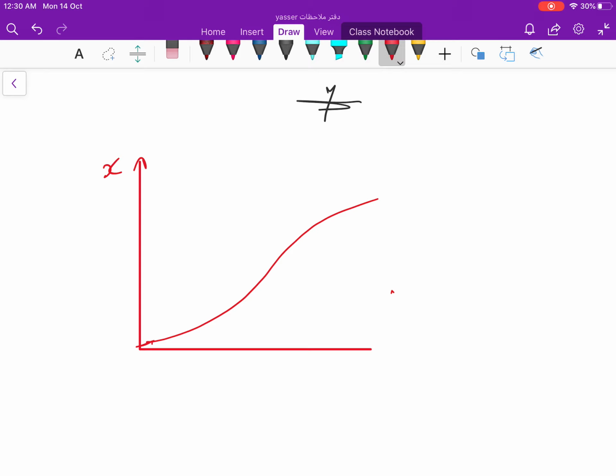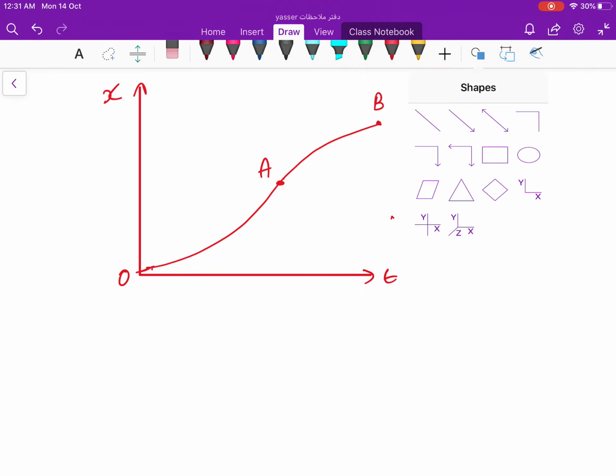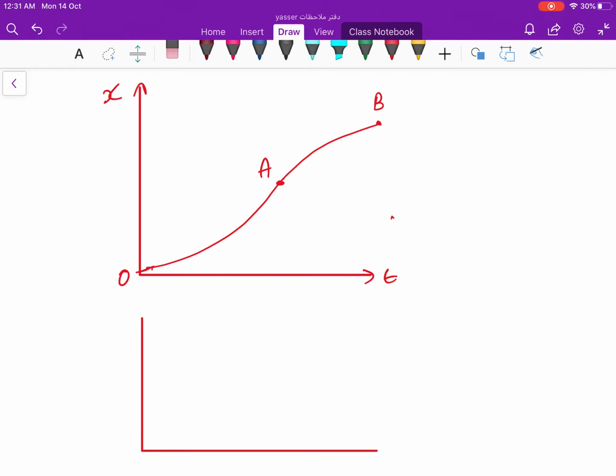We have displacement time, and here is a point, like a moment of change. We have the origin, point A and point B. I want you to draw this graph as a velocity time graph during my drawing, please try to do it.